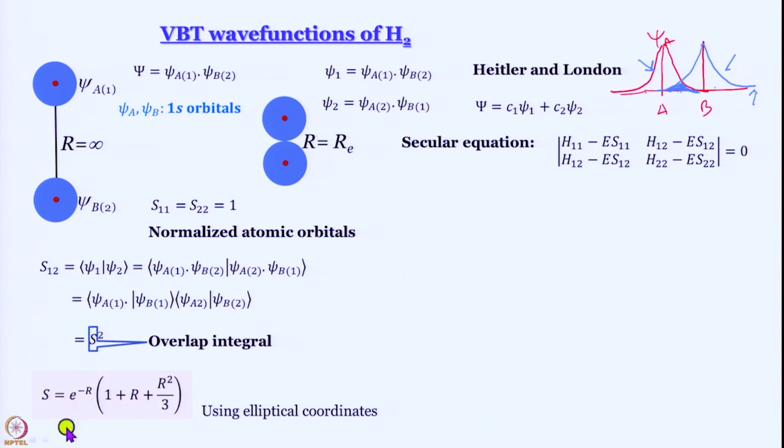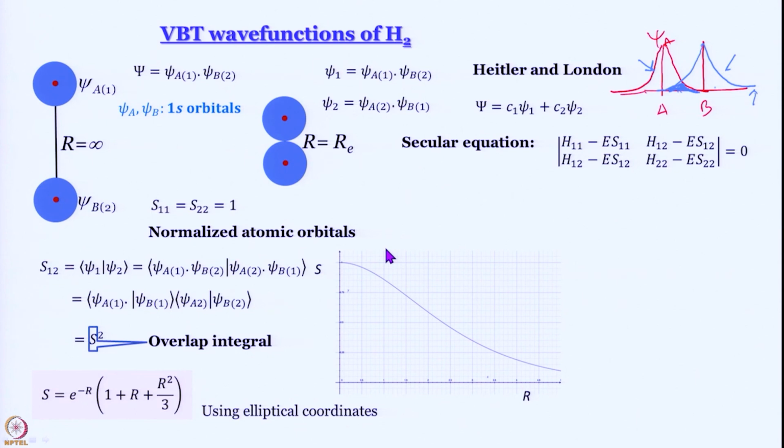The expression turns out to be an exponential decay in R, where R is the internuclear separation, multiplied by a polynomial in R. When we plot this, this is the kind of plot that we get, and this is what we had expected qualitatively also. It becomes 0 asymptotically, but as you come closer and closer it becomes maximum.